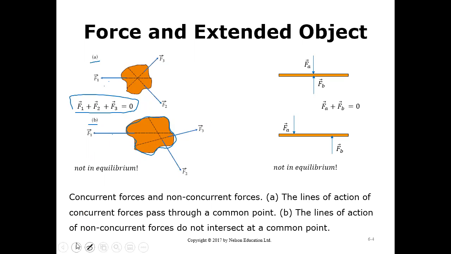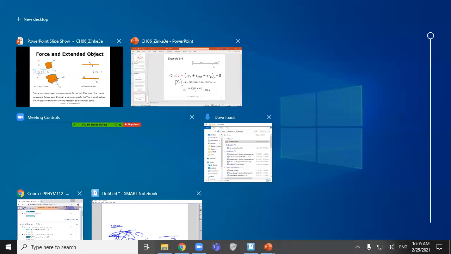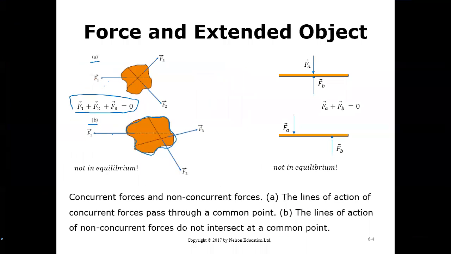The same three forces, but in A, the forces meet at one point. But in B, the forces are not concurrent. The term concurrent means they are meeting at one point, but here in B they are not meeting at the same point, so we call them non-concurrent forces.